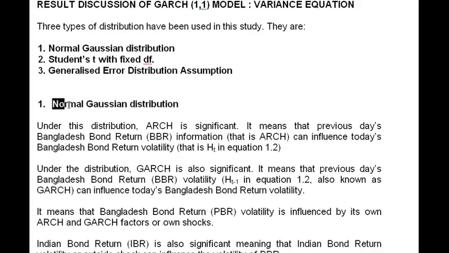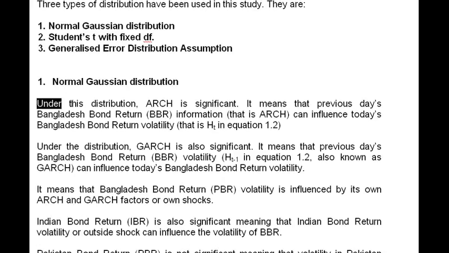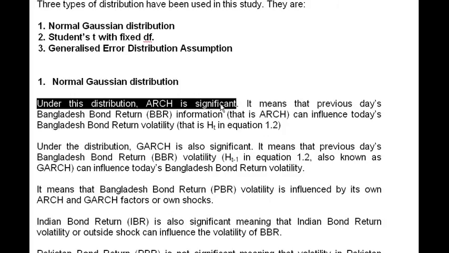Okay, so first we talk about the normal Gaussian distribution. Then what result have we got? Under this distribution, ARCH is found significant.